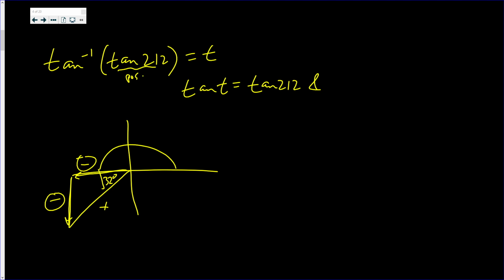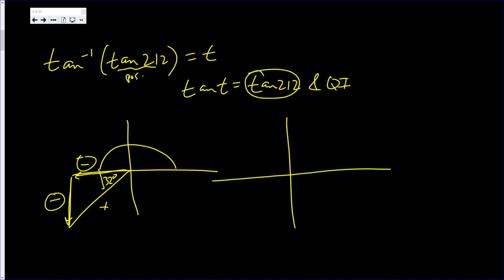Okay? So this here is positive. So tangent of t is positive. That means it's in quadrant 1. Okay? The reference angles are the same. This equals 32 degrees.